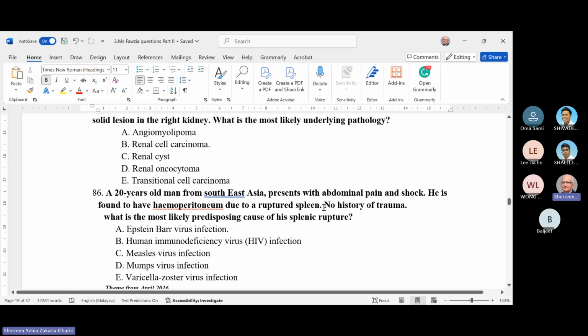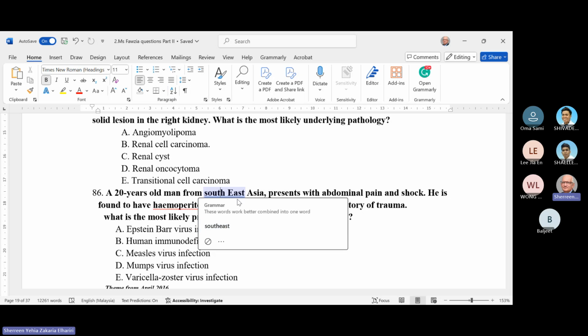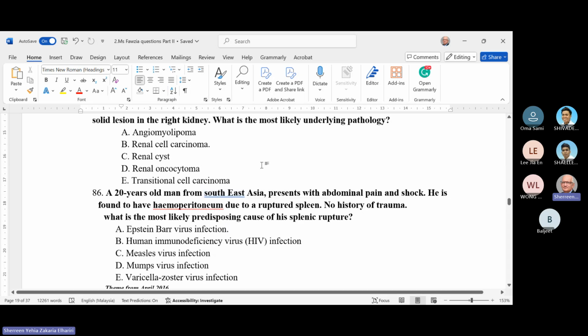It is historical. No history of trauma. Which is the most likely predisposing factor? Of course, in the past, Southeast Asia was famous for malaria, and malaria or dengue can cause a huge spleen.